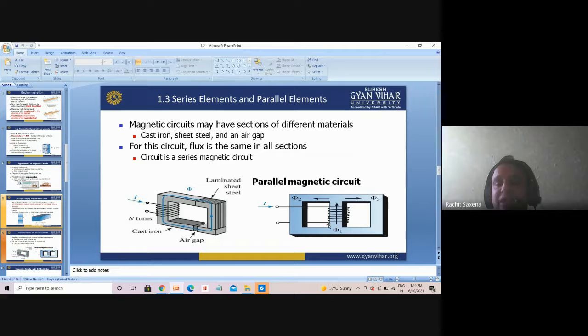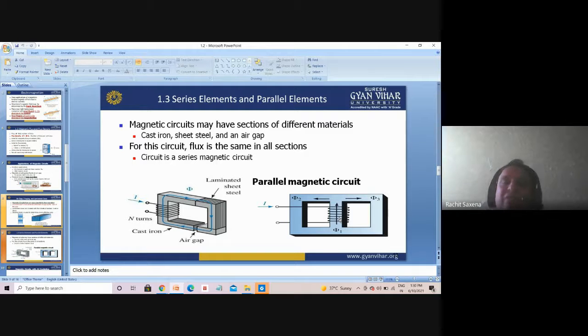Then we have a parallel magnetic circuit. In a parallel magnetic circuit, one flux is moving here, then a second flux going there, a third flux going there. So the flux is changing, not the same flux. Flux has different values: in this section we have phi 2, for this section phi 3, and the main flux is phi 1.